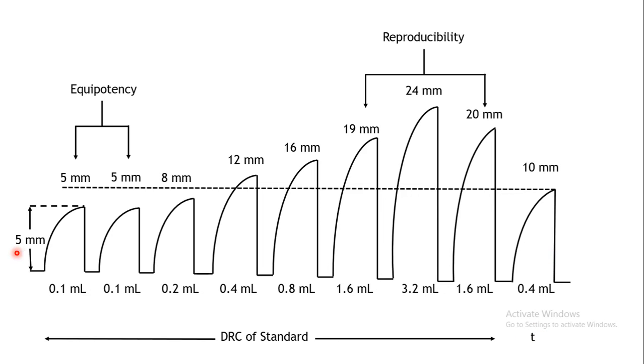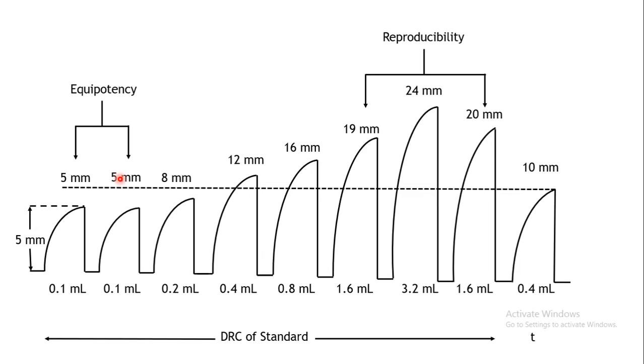The first thing which we have discussed in the procedure is to record the DRC of standard. When you start recording the DRC of standard, the first response is supposed to be repeated to check the stability of your tissue. So 0.1 is repeated over here till you get the same heights. Here you can see the heights are written. For 0.1 ml, for both the responses it is 5 mm.